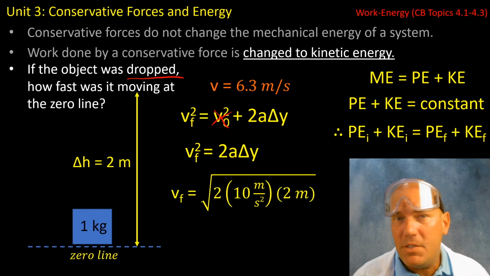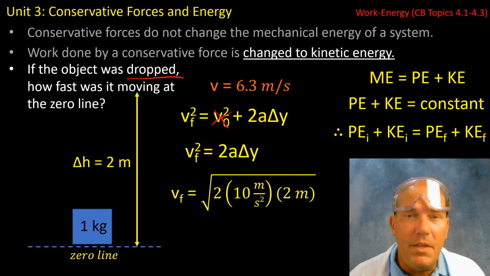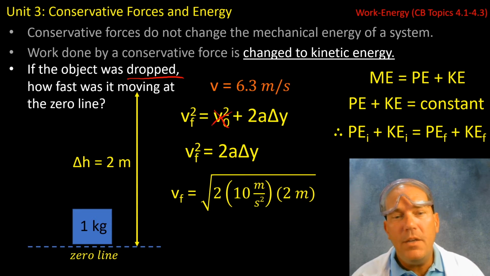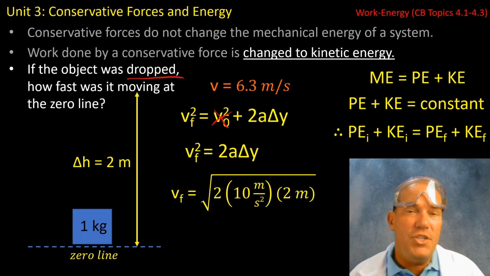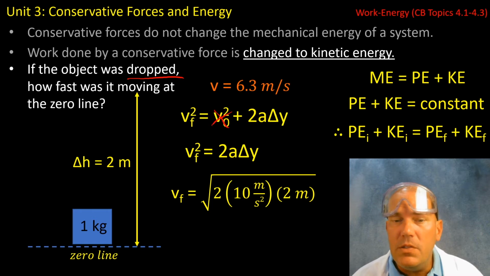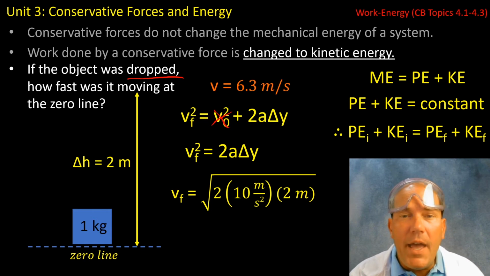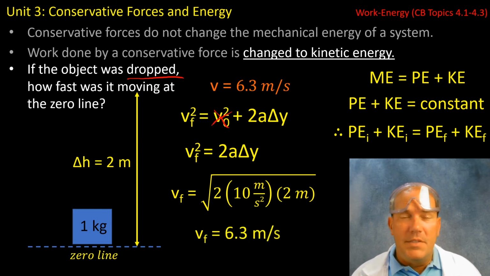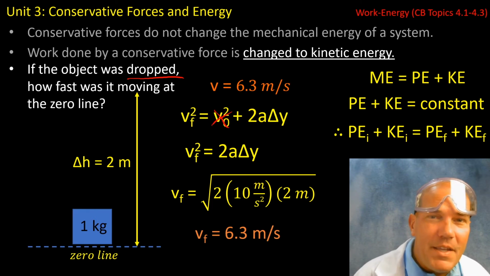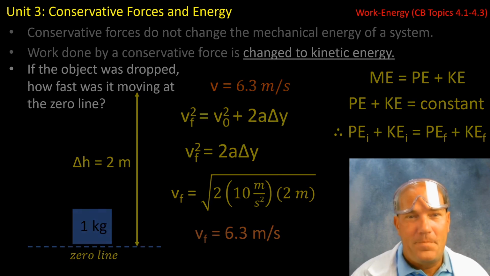Remember, the acceleration is the acceleration due to gravity. So we can put in our 10 meters per second squared and our change in height, which is what the delta y is saying, a change in vertical position, which is 2 meters, and take the square root of that, and we get 6.3 meters per second. We get the exact same answer that we did using energy.